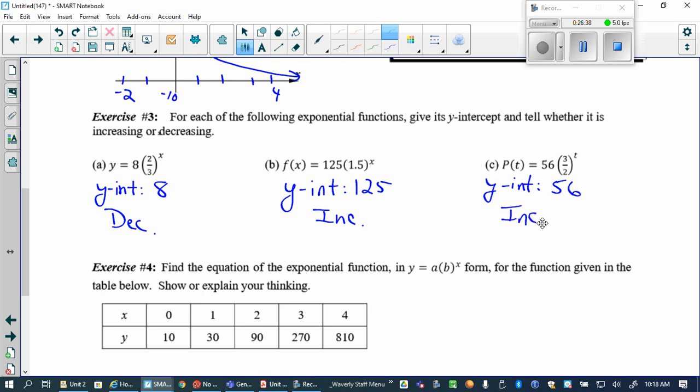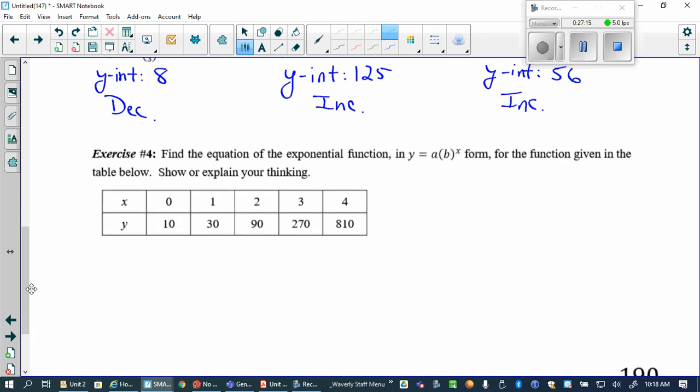We know what the A is, yeah? What's the A in one of these functions? I meant in an exponential function, what does the A represent? Otherwise known as the starting amount. And what does the B represent in an exponential function? The thing you're multiplying by. It's the growth factor, they call it, right? So let's look at this table down here. Here's a table of values for some exponential function.